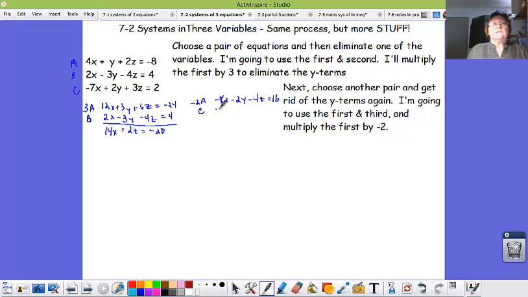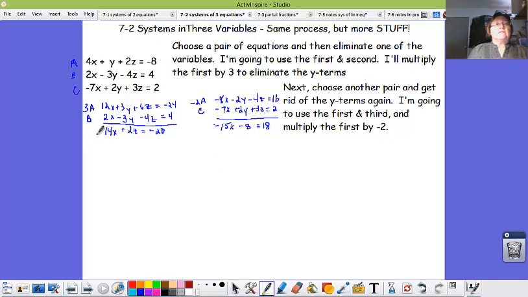The C equation, negative 7x plus 2y plus 3z equals 2. And now we're going to add them. That's going to get us negative 15x's. Y's are gone, which is what we wanted, minus 1z equals 18.